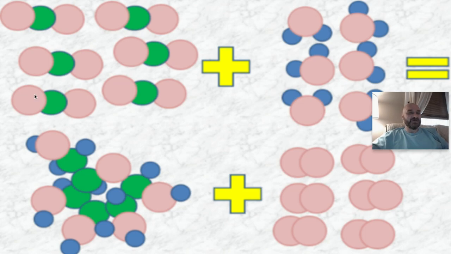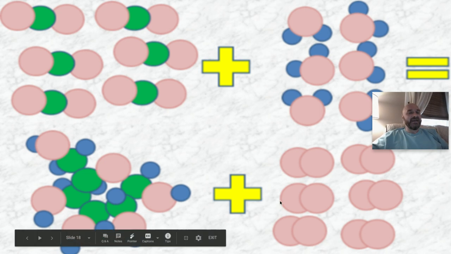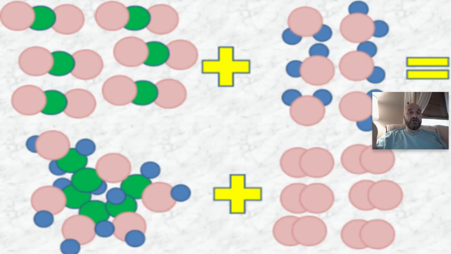We have 1, 2, 3, 4, 5, 6, 7, 8, 9, 10, 11, 12, 13, 14, 15, 16, 17, 18 oxygen atoms total before. And we're going to have 18 total oxygen atoms after. You can go through and count. So yeah, the law of conservation of mass is during a physical or chemical change, every atom goes somewhere. No atom is ever created, no atom is ever destroyed.